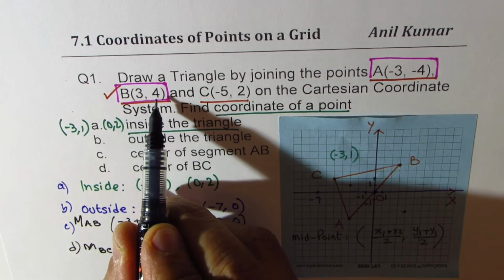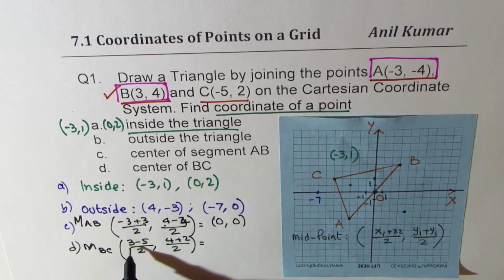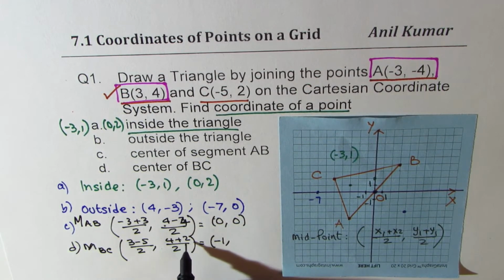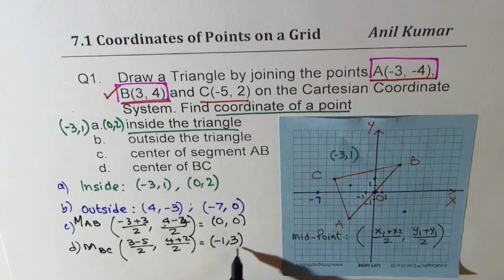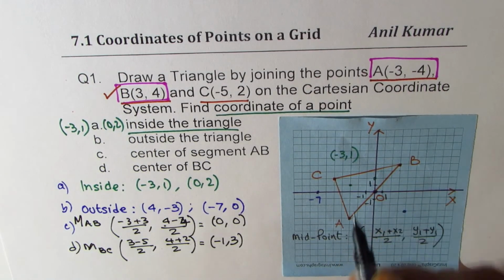And the y values, 4 plus 2 divided by 2. Now 3 minus 5 is minus 2, divided by 2 is minus 1, and 4 plus 2 is 6, divided by 2 is 3. So minus 1, 3 is the midpoint of segment CB.